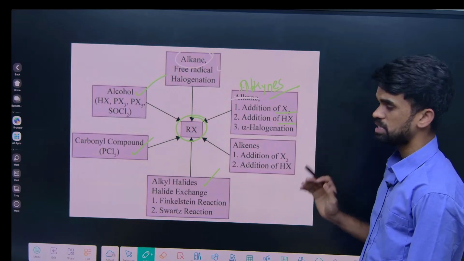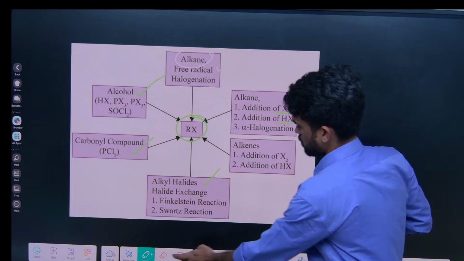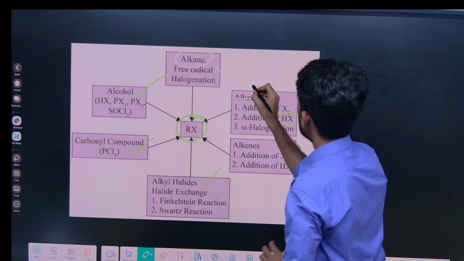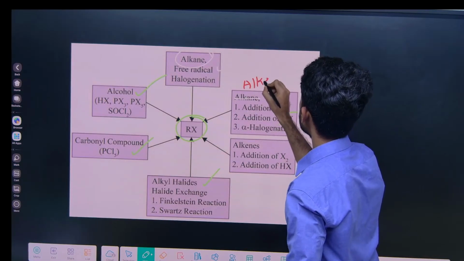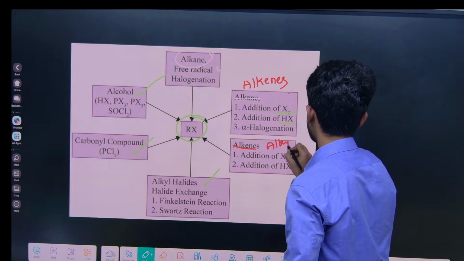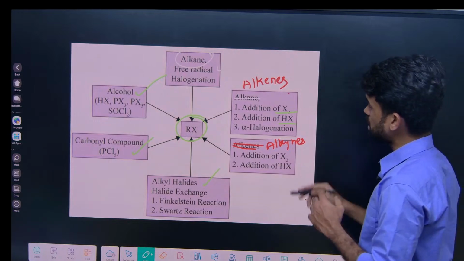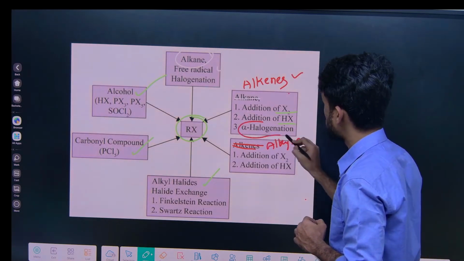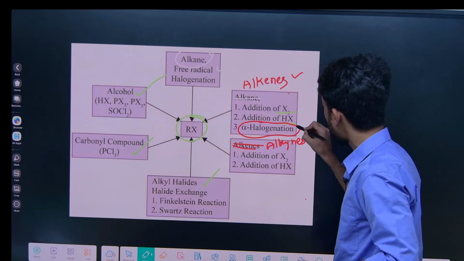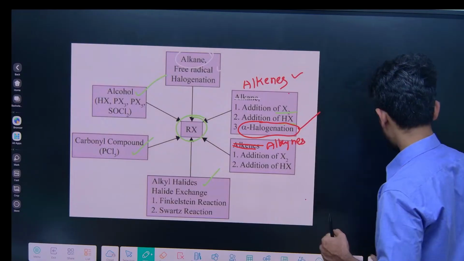These are the things we discussed. Why I am saying this is alpha halogenation: that alpha halogenation is nothing but the allylic products we have seen now. Remaining two things are the same here and there. That's it.